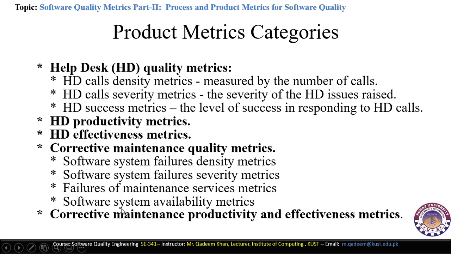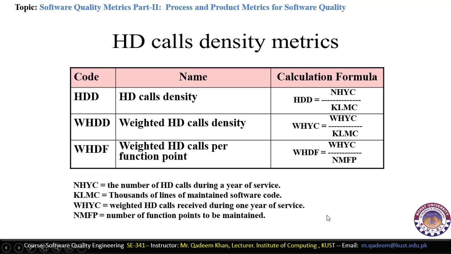Similarly, the software system availability matrix means the uptime of the software is measured here. The corrective maintenance productivity and effectiveness matrix is also one of the types, meaning we measure the maintenance productivity, how productive we are in maintaining the old software, and how effective the maintenance is.